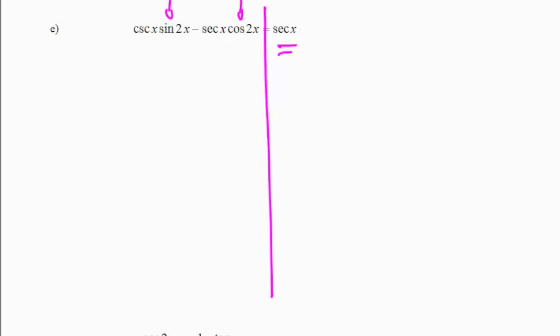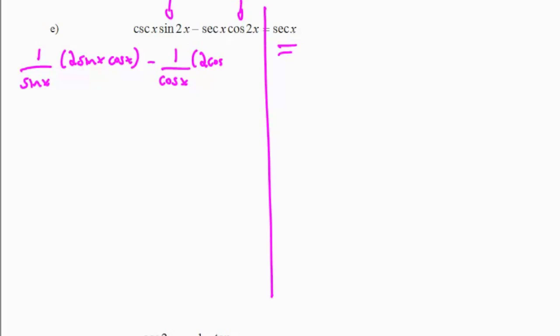Well, hopefully the first thing you think is, I've got this double angle here, I've got that double angle there, and I end up with a secant of x. I should input for those particular identities. So let's do that. What do we end up with? Cosecant is 1 over the sine of x times 2 sine x cos x, subtract 1 over cosine of x times.